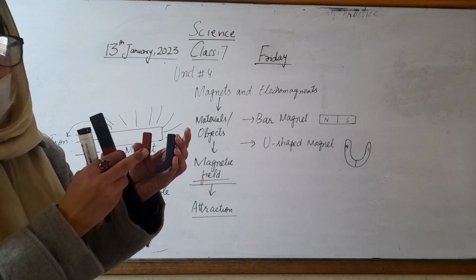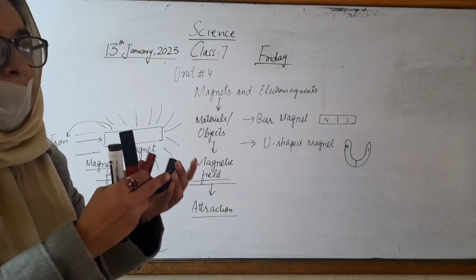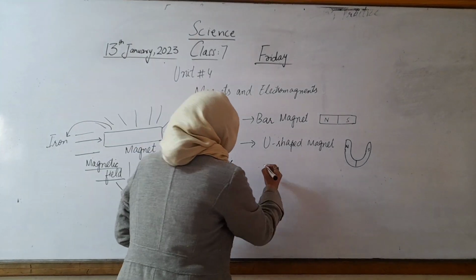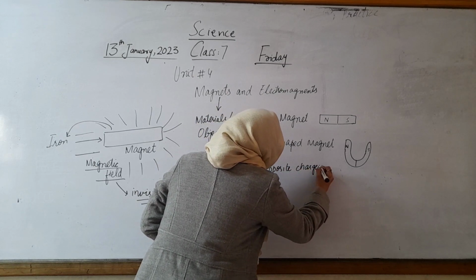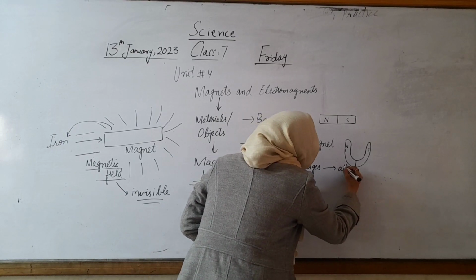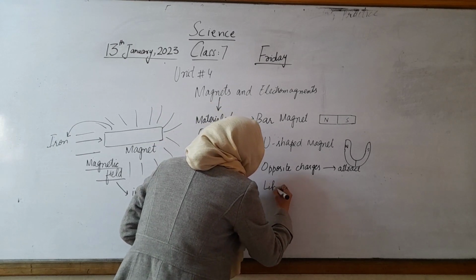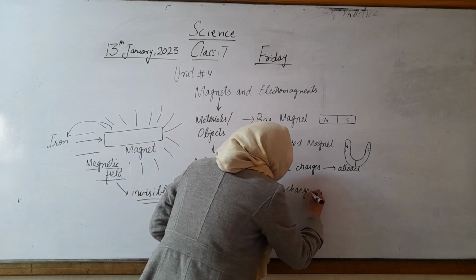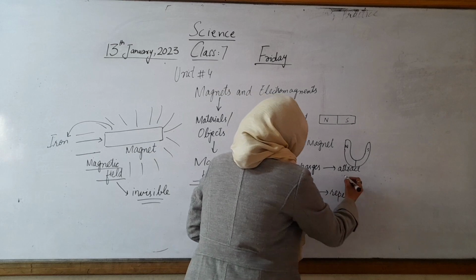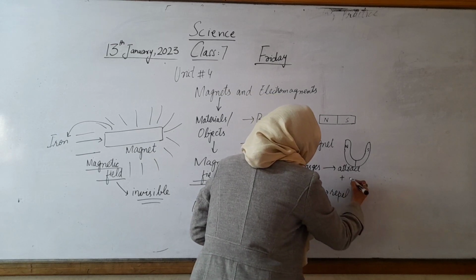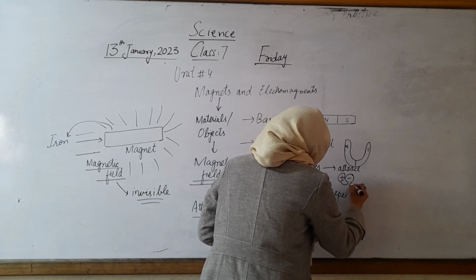North has positive charge and south has negative charge. And you know that opposite charges attract each other, whereas like charges repel each other. Opposite means when the charge plus and the charge minus, these charges will attract each other.